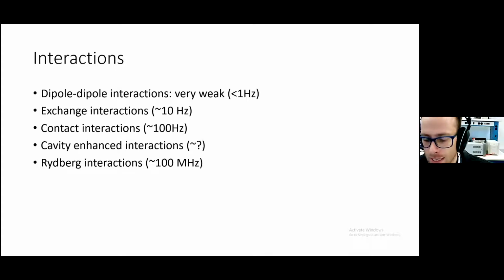They basically don't interact very well, especially when they are a few microns apart, as is the case in optical lattices. So here, for example, the dipole-dipole interaction strength is typically on the order of 1 Hertz.